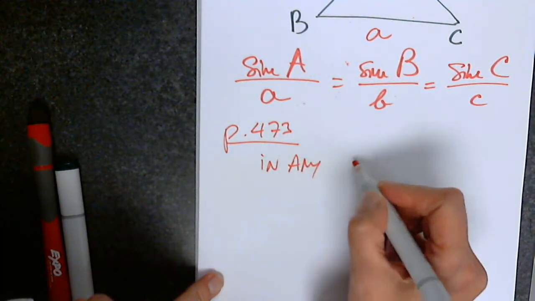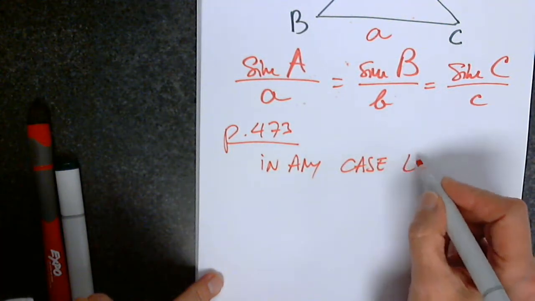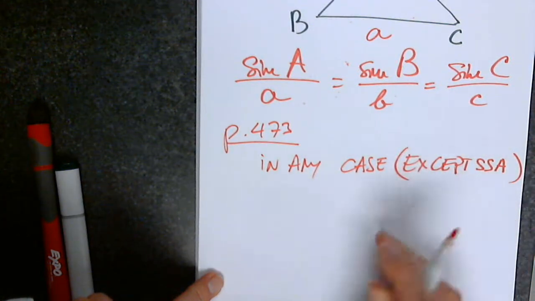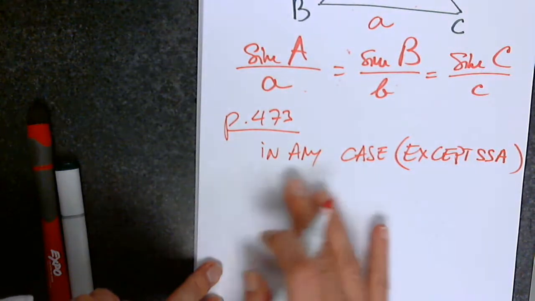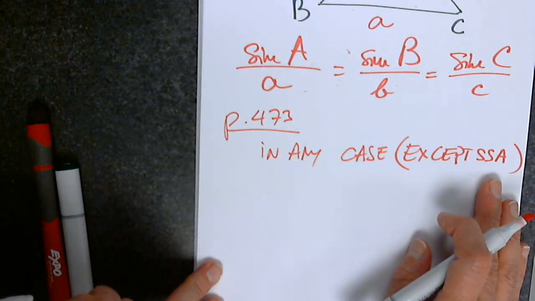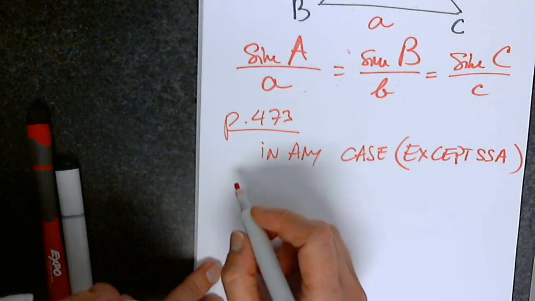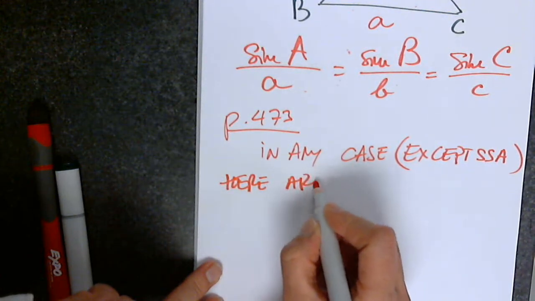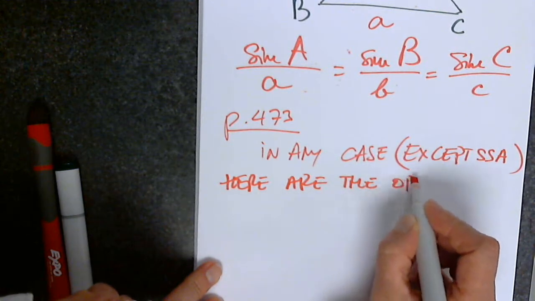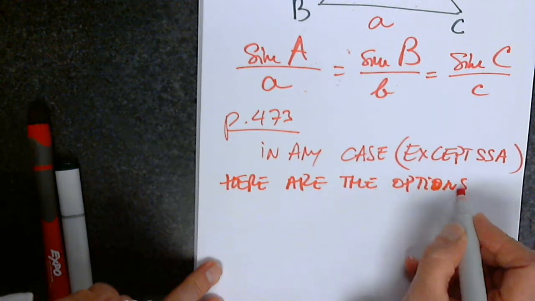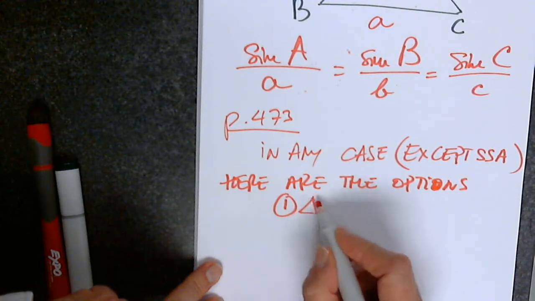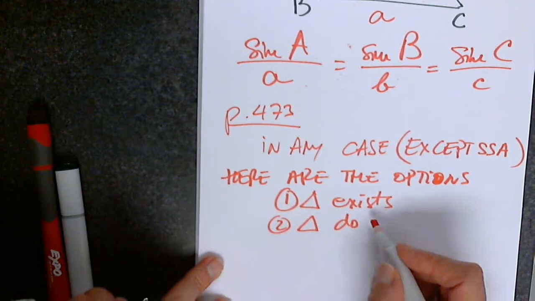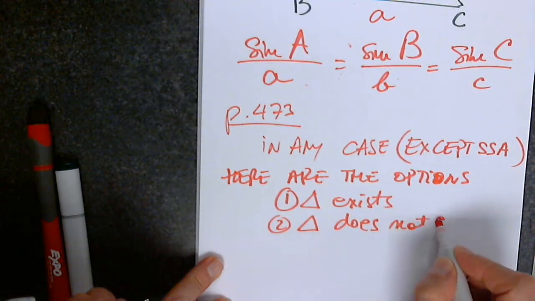In any case except side-side angle, the possibilities are these. Here are the options. 1, triangle exists, or 2, triangle does not exist.